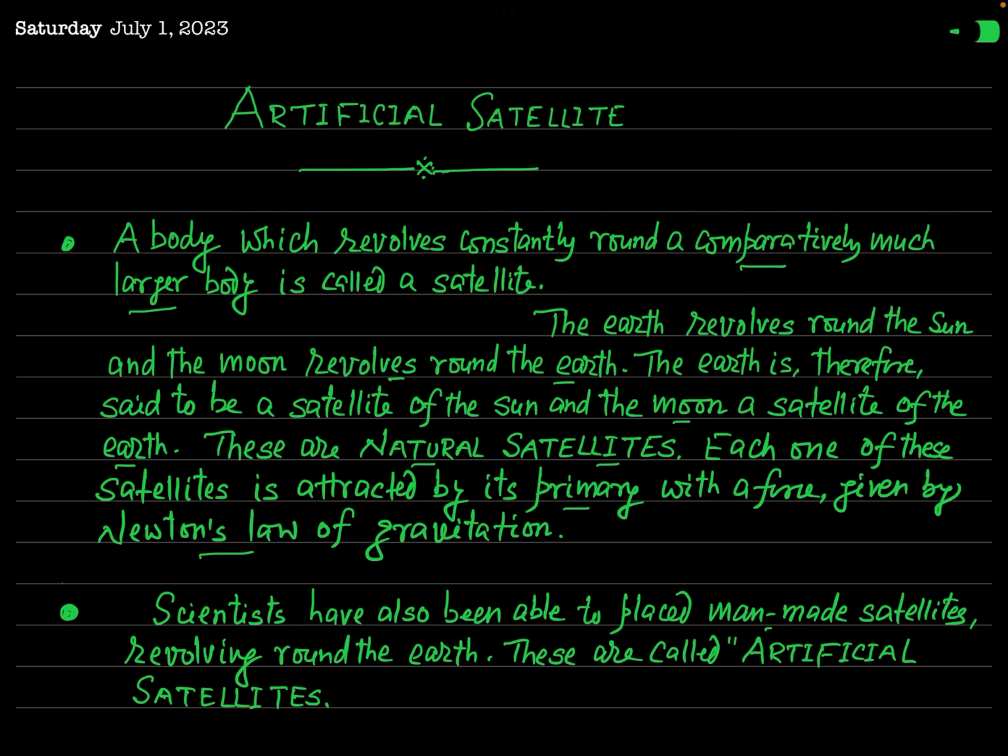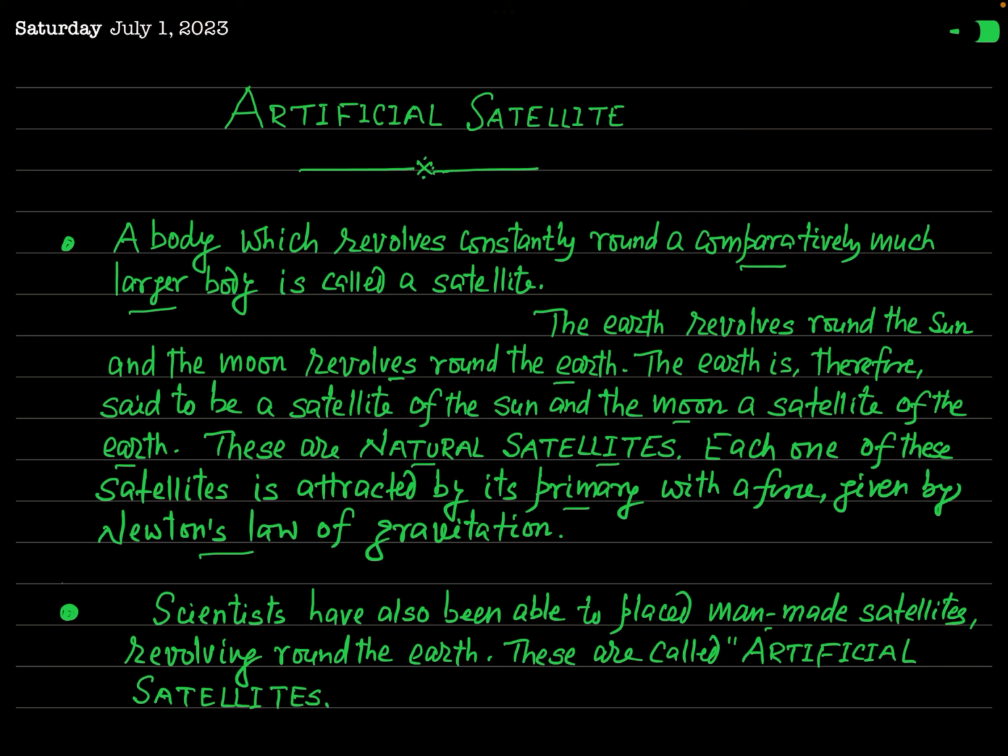But our present interest is the satellites revolving around the Earth, though a satellite may revolve around the Sun too. Scientists have developed so many satellites. Each and every developed country and developing country has a satellite launching program, and so many satellites have been launched till date.